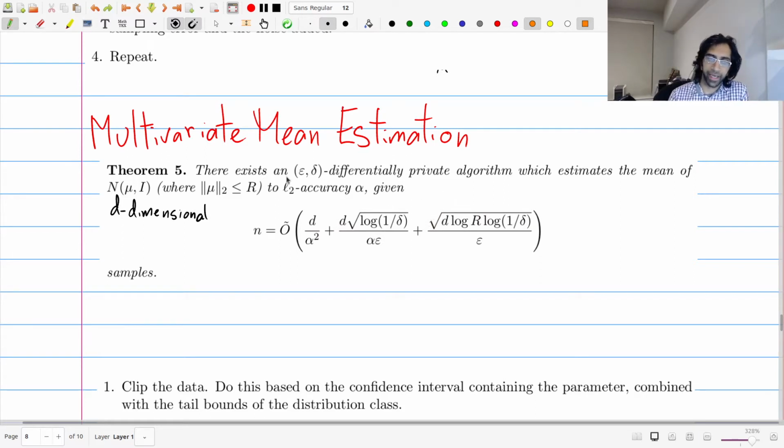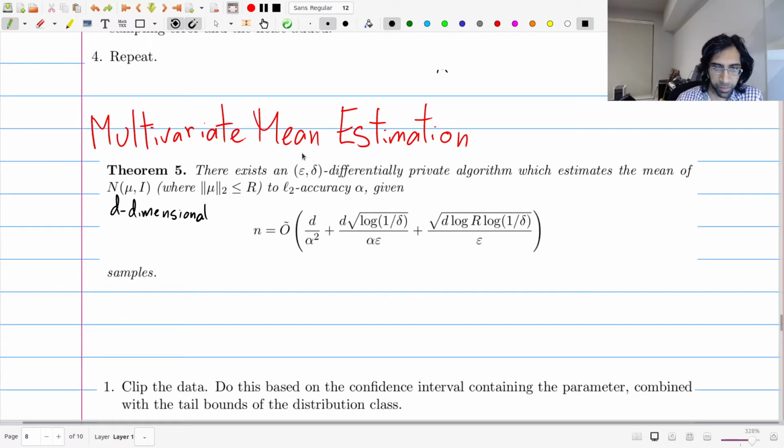And one thing is the fact that we can only handle epsilon-delta differential privacy here. The reason is that we moved from pure DP to approximate DP. Why did we do that? Often when you move to multivariate settings, the Gaussian mechanism will be more natural, because your statistic will have an L2 sensitivity.